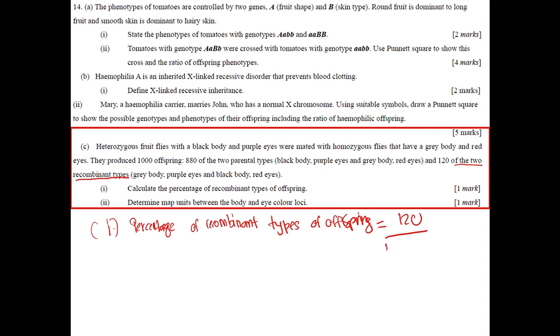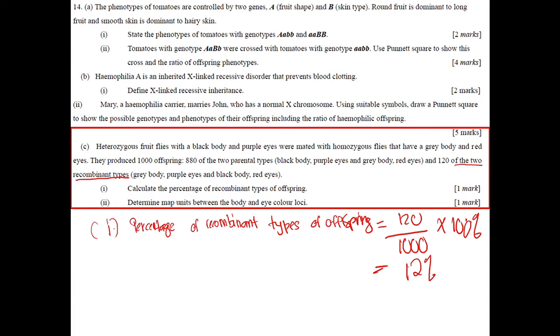So di bawah ni total offspring 1000 tadi sudah bagi tahu. So you just write down straight away 1000. Lepas tu darab dengan 100. 100%. So you have, sorry lah, my maths is kind of rusty, so perlu guna calculator. Okay, so that is your answer.